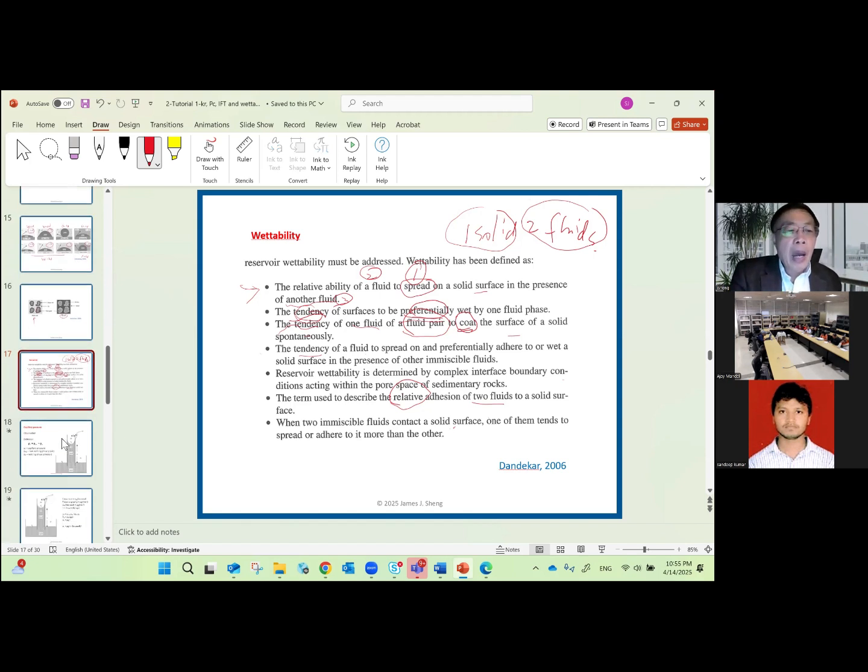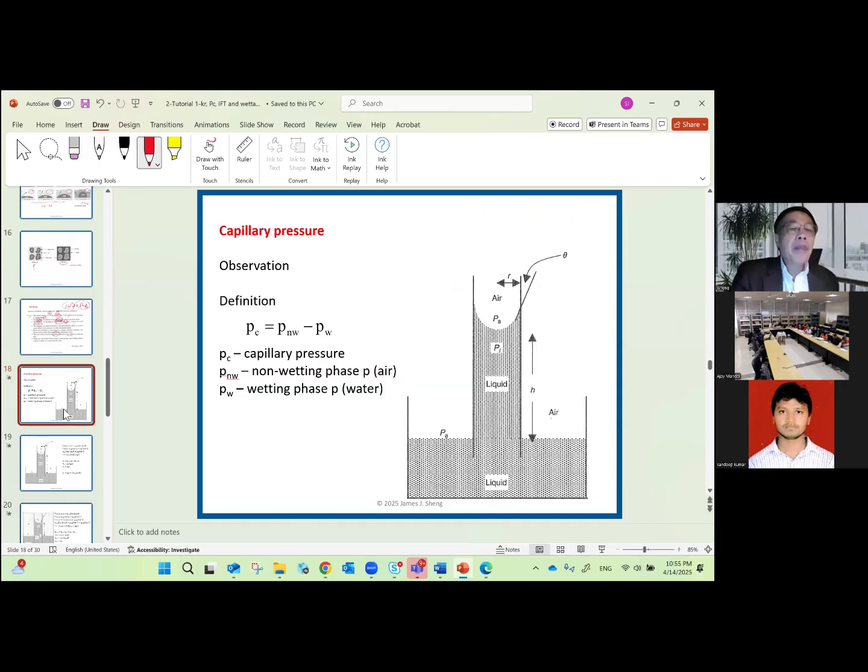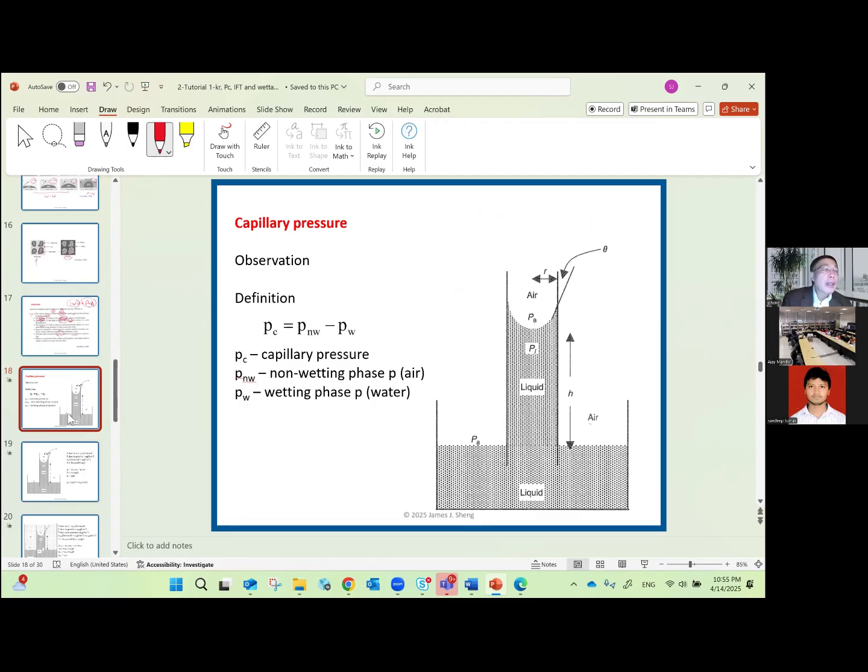All right, after we talk about wettability and infiltration, now we're going to talk about capillary pressure. First, let's look at the right-hand side picture. Here, the white area is oil, and here is a small tube.